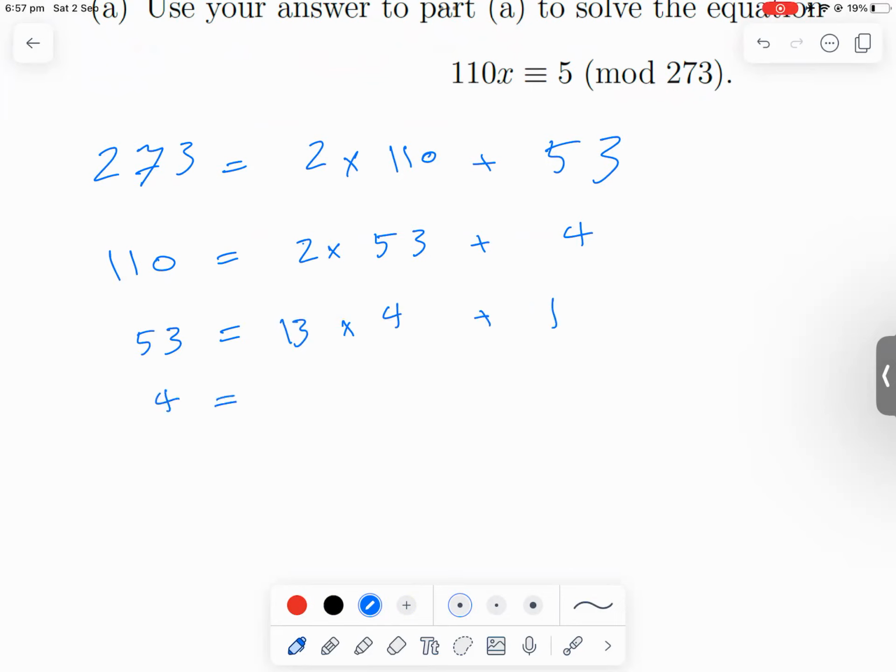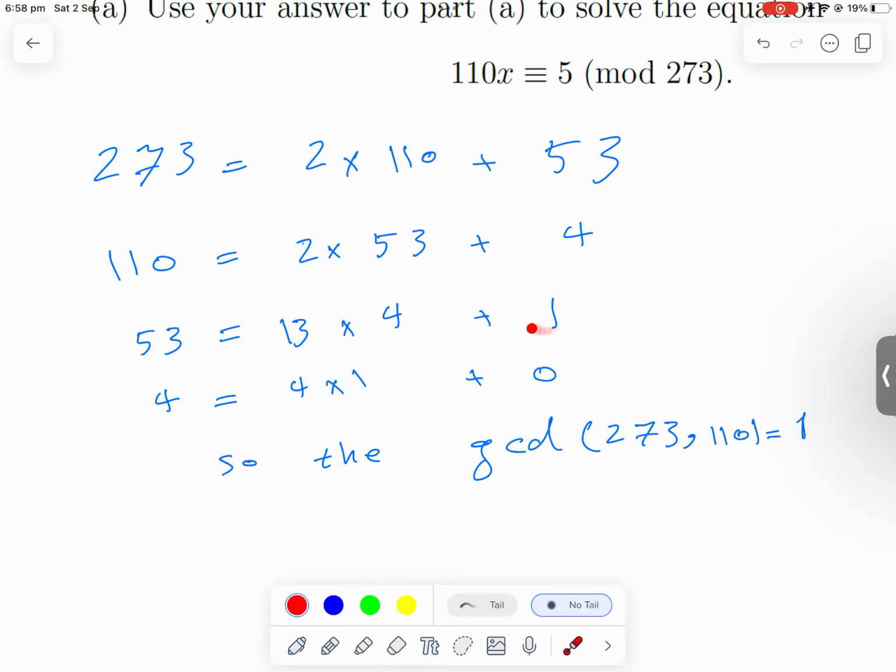So finally we got this one for sure. 4 divided by 1, so we stop here. So the GCD of 273 and 110 is equal to the last non-zero remainder, which is this guy here.